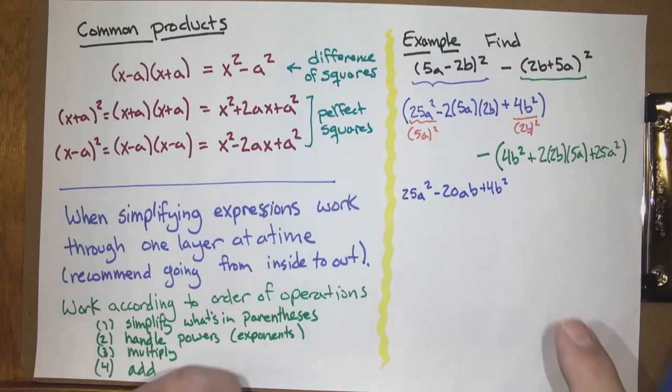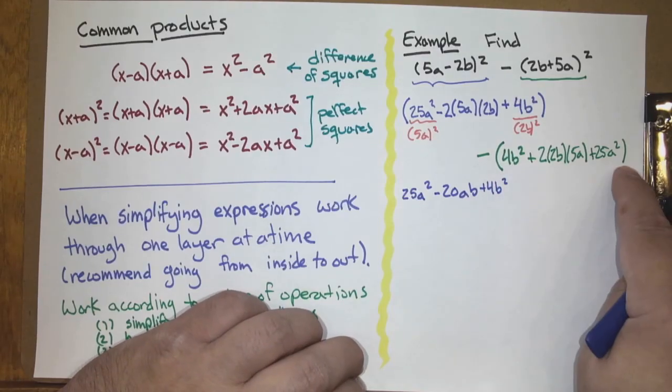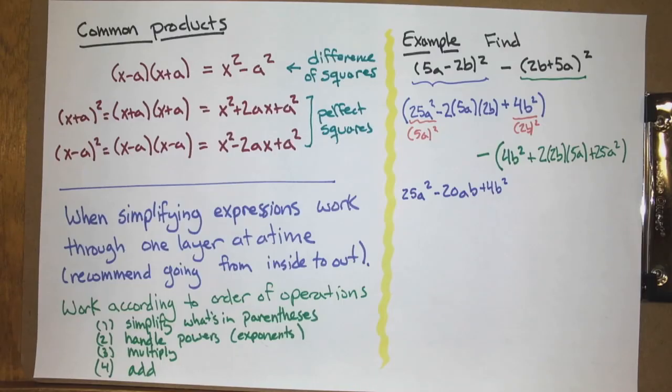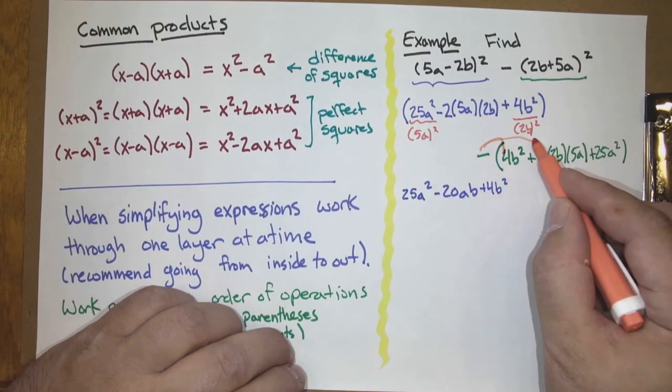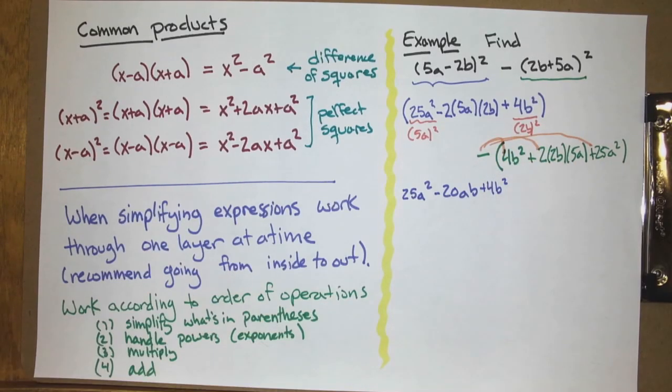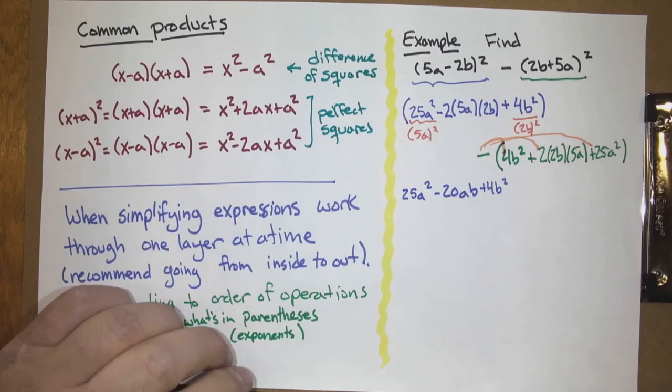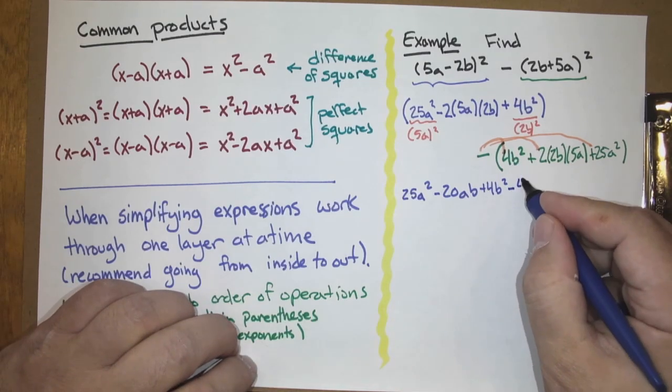Okay, for the second term, when we drop the parentheses, what do we need to do? Because after all, we want all our points. Got to get them all. Yeah, don't forget this minus. It's going to come through. So what do we have? Minus 4b squared.